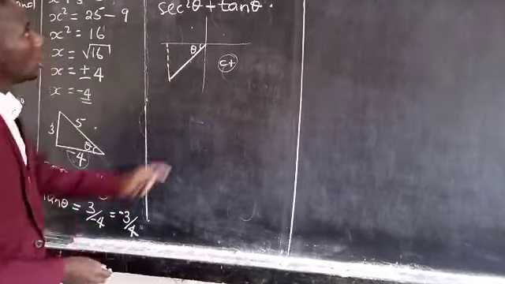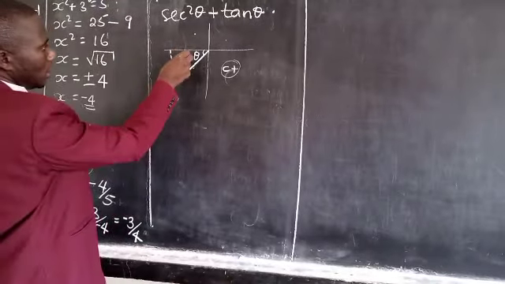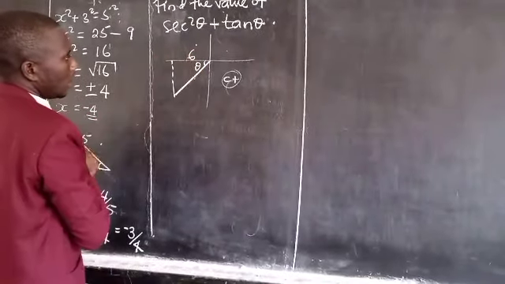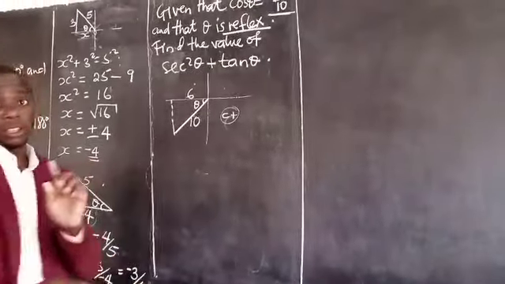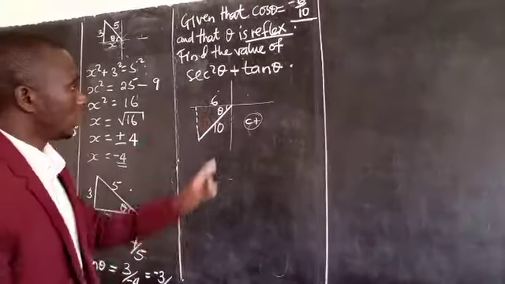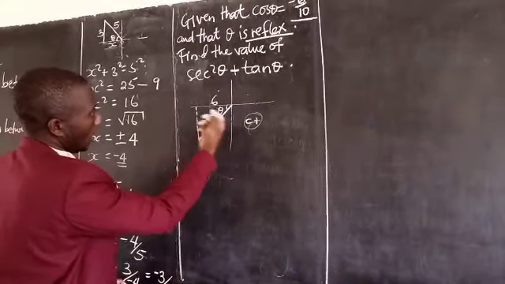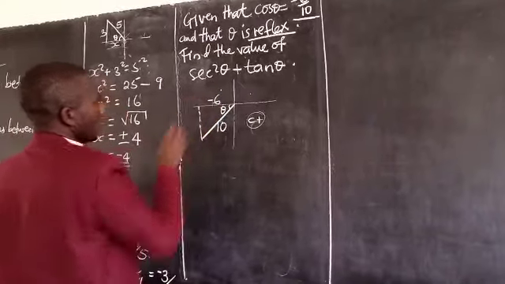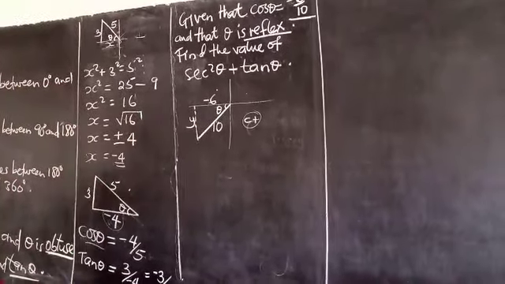We go. Cos is adjacent over hypotenuse, meaning adjacent is here, hypotenuse is here. And you can very well see that this 6 is negative because it is along that side. Can we get the value of here? I can call it y.